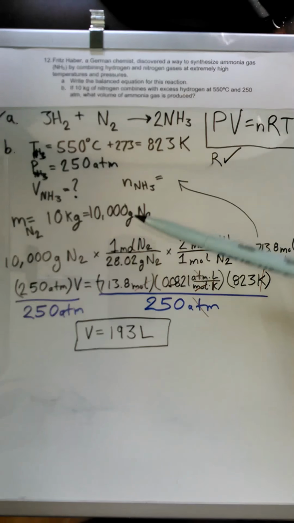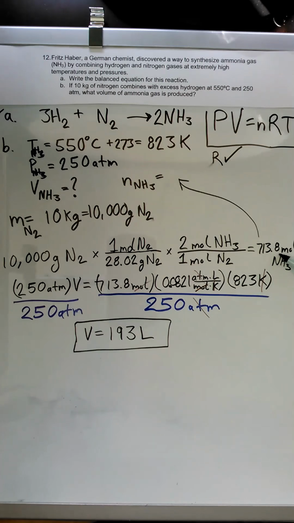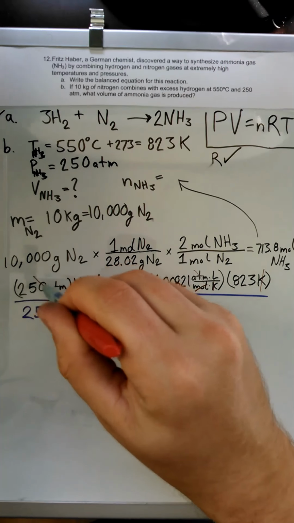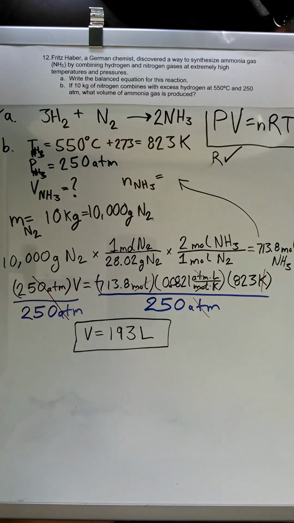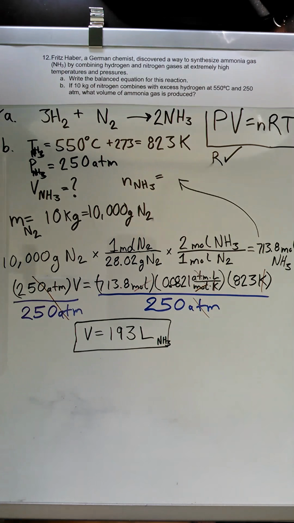We had to do some stoichiometry to convert the mass of nitrogen in grams to moles of ammonia. Once we have moles of ammonia, we can simply plug our 4 variables into our ideal gas law equation and solve for the fifth, the volume. Okay, atmospheres will cancel. So we have our final answer as being the volume of ammonia produced, 193 liters. Okay.